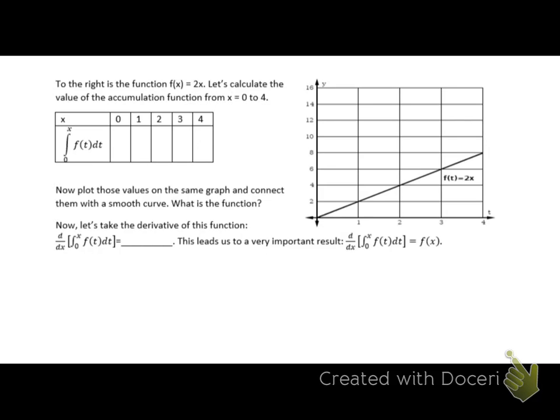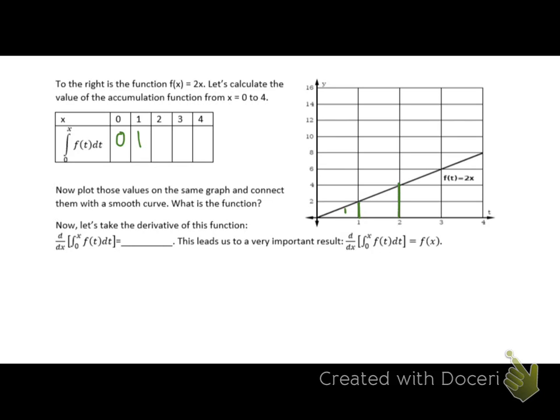All right. Now we want to calculate the value of the accumulation function of this from 0 to 4. So let's find the area under this curve. When we do that, the area from 0 to 0 is just 0. The area from 0 to 1, right, is 1 times 2 divided by 2, which is 1.